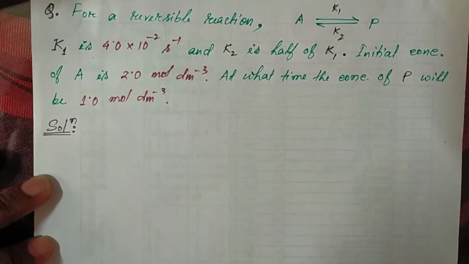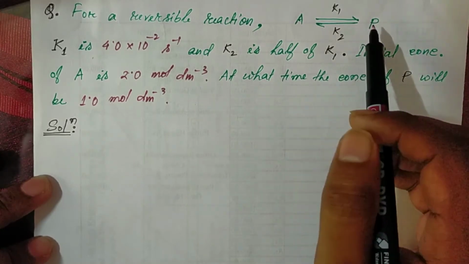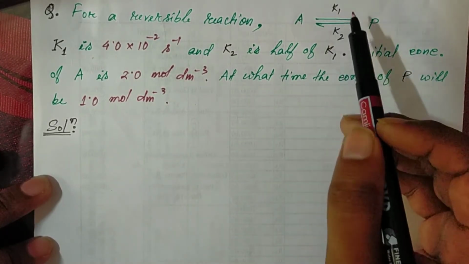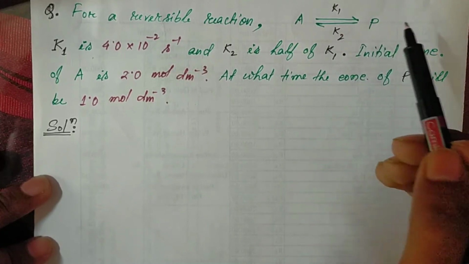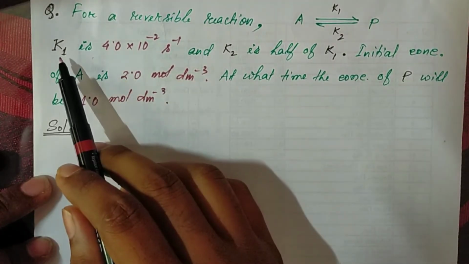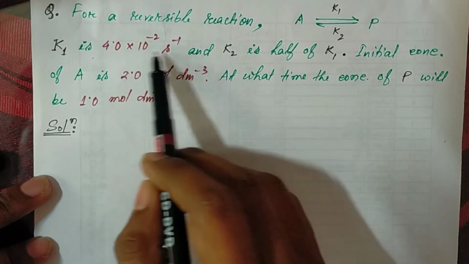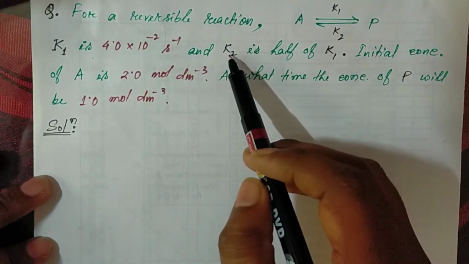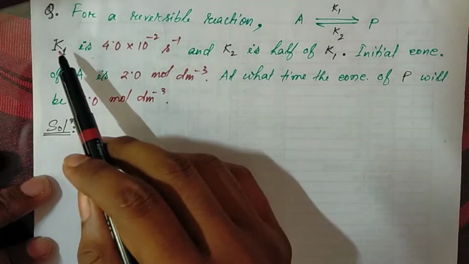Now let's solve a problem. For a reversible reaction where A is the reactant and P is the product, K1 is the rate constant for the forward direction and K2 for the backward direction. Here it is given that K1 is 4.0 into 10 to the minus 2, and K2 is half of K1.